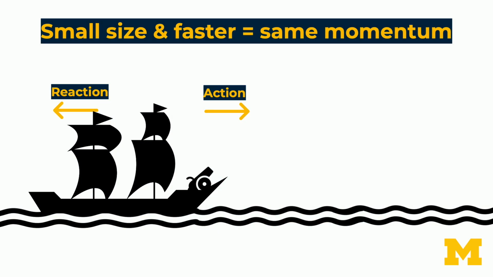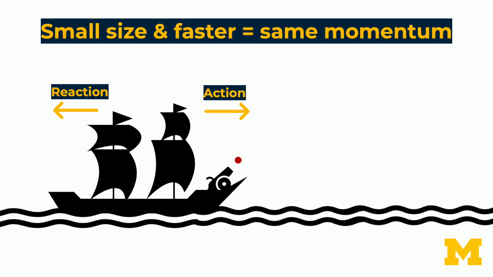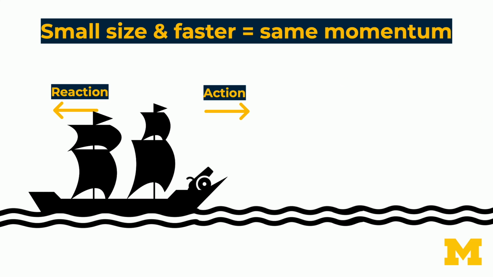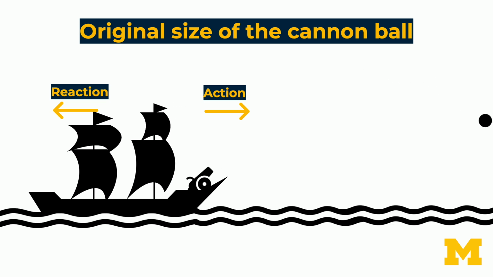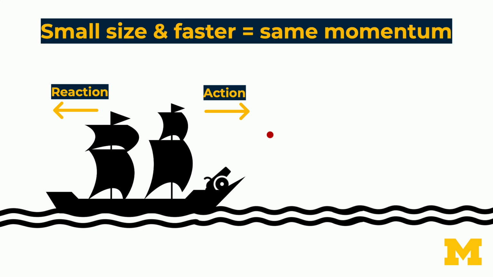We take the cannonball and make it much smaller and shoot it out with a much faster speed. It turns out that would have exactly the same momentum as a large cannonball moving with a slower speed. In rockets, we use exactly the same concept, except instead of cannonballs, we're using little atoms and molecules, and we're shooting them out of the back at very, very high speeds.